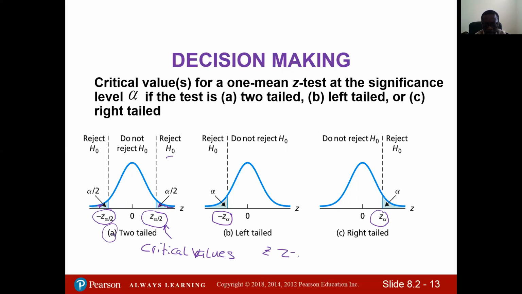Assuming you calculate your test statistic, let's denote it by Z. For a two-tail test, we compare it with this critical value.